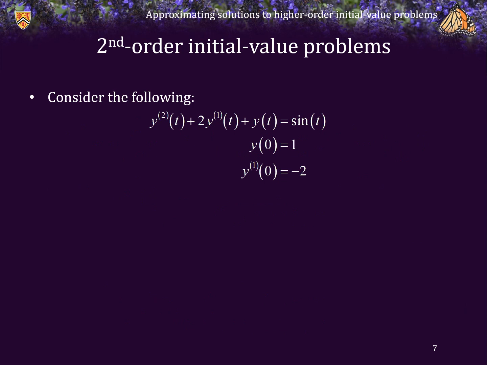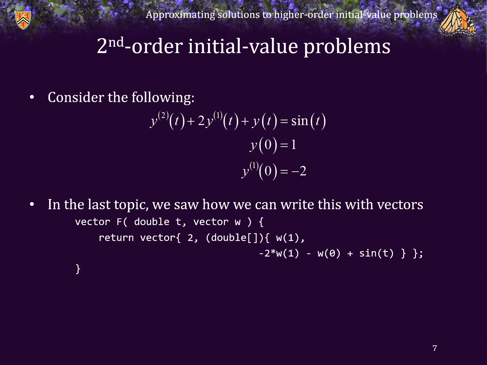Now here's a specific initial value problem. Now this is the way that you would normally write it in your course in calculus. On the left-hand side you have the homogeneous ODE, and this is equated now to a forcing function, in this case sine of t, on the right-hand side. Now we would write this as a vector valued function, as you see here, and now we are moving everything other than the second derivative to the right-hand side.